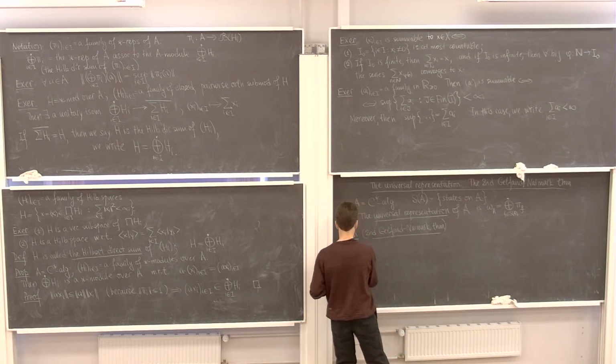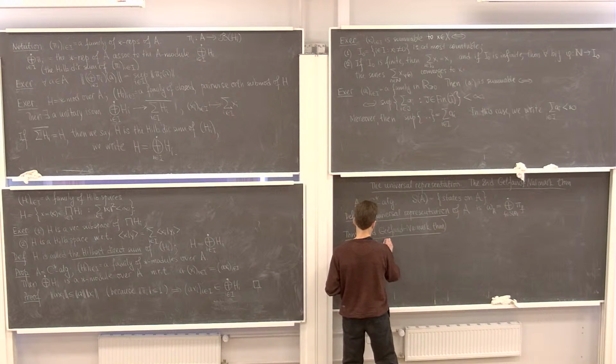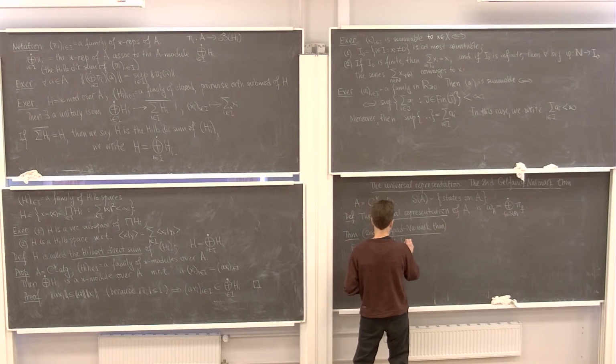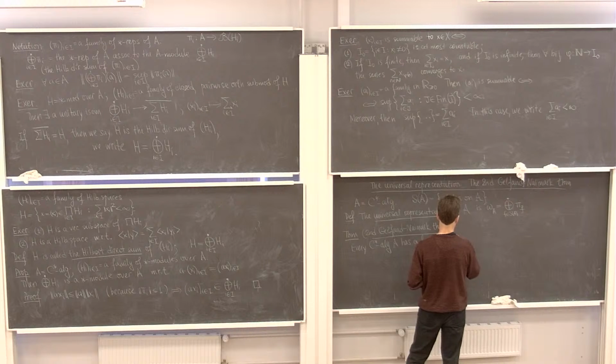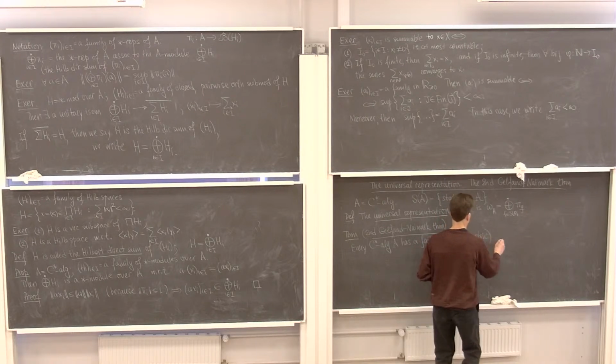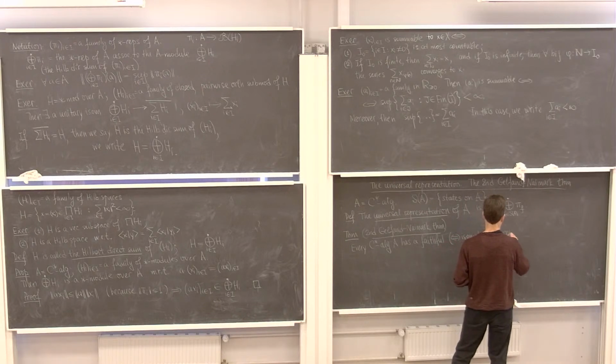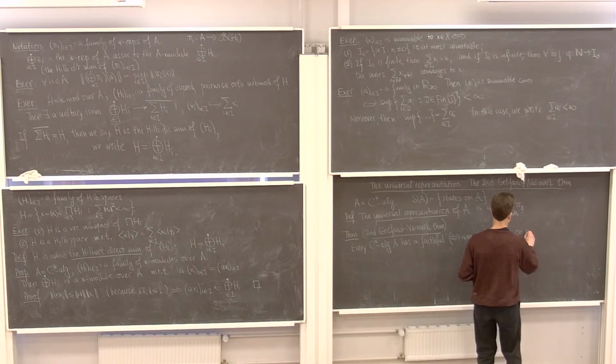The theorem states that every C-star algebra A has a faithful, or equivalently an isometric, star representation on a Hilbert space.